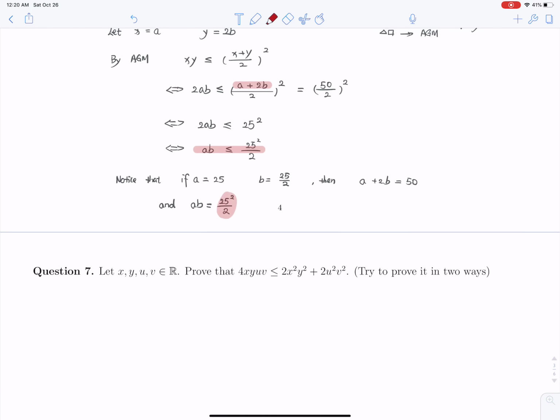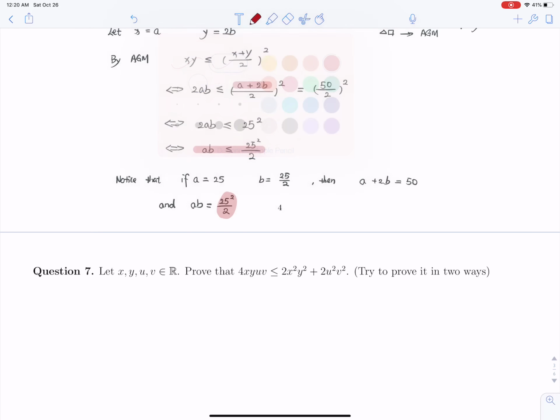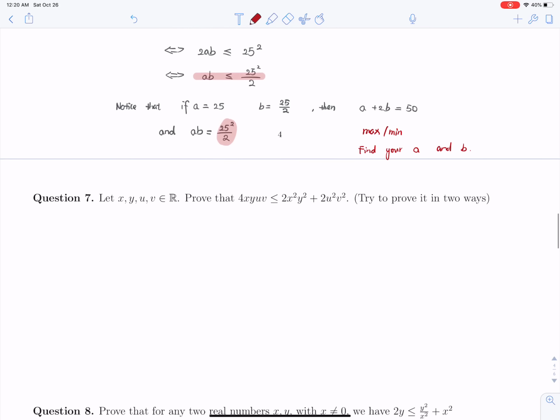Okay, so this is another remark. When they ask you maximum or minimum value, make sure you find your a and b such that the equality holds.